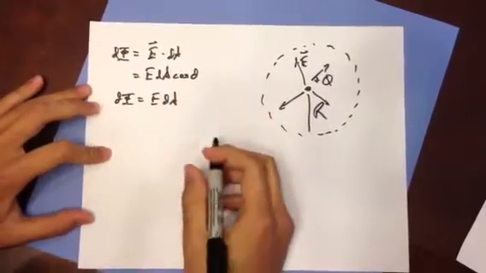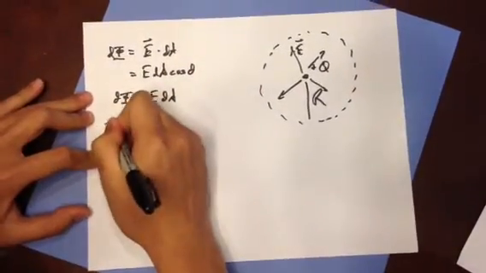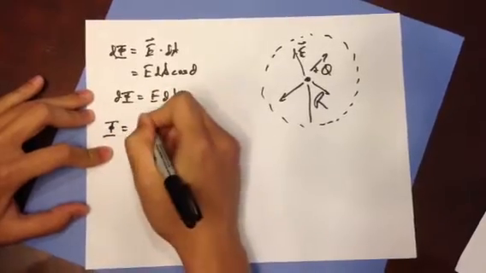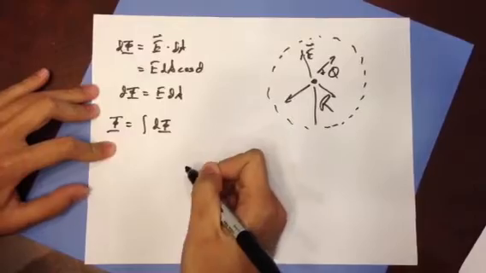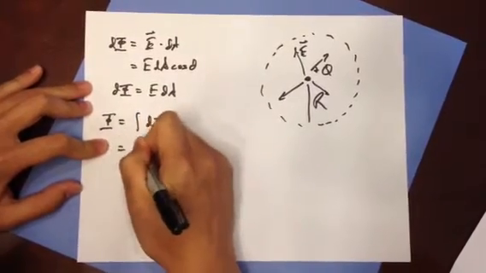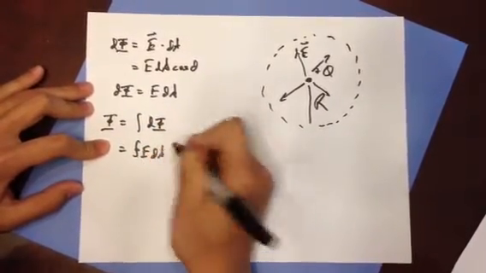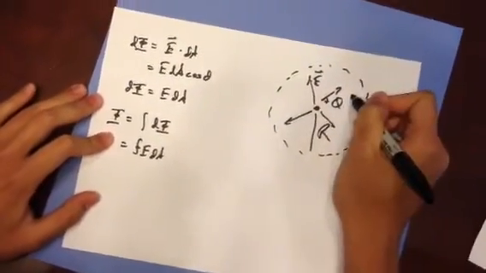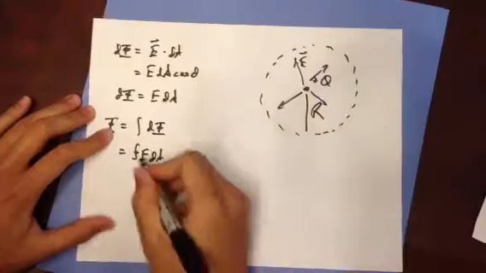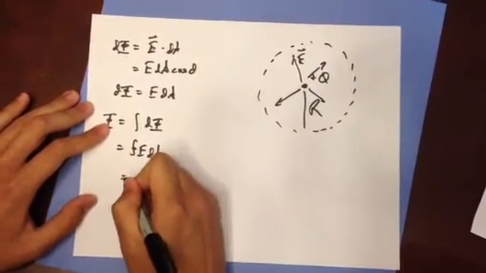Then if we integrate, phi is equal to the integral of d phi, that's the closed integral of E dA, and we know that E is going to be constant all around this Gaussian surface, so we can take the E out.